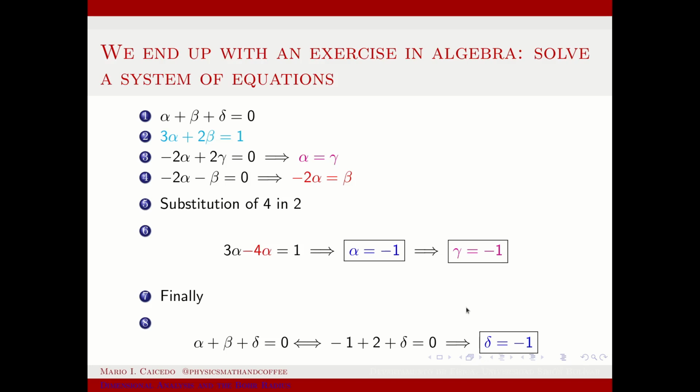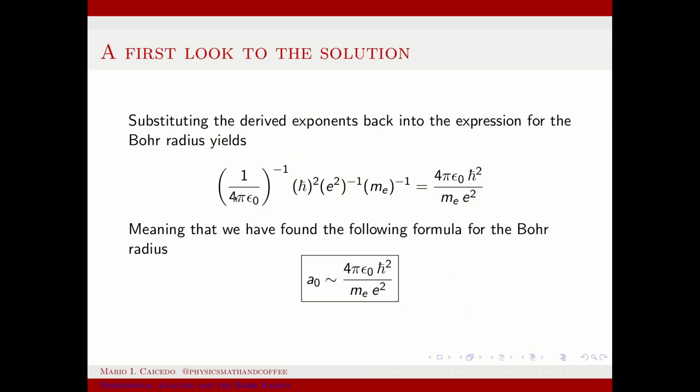So we can now reassemble the product of the constants and install the powers. This is what we get. For instance, h bar squared, the square root of the charge of the electron to the -1, and so on. So this is what we get at the end.